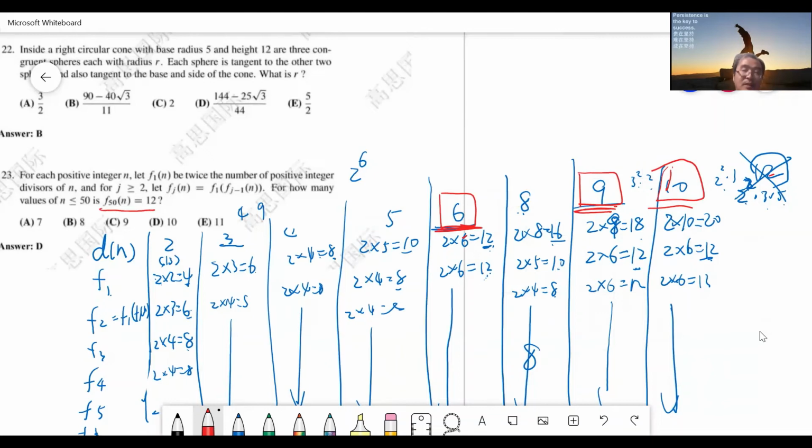So 6 factors. If a number has 6 factors, it must be of the form p to the power 5 or p squared times q. Let me clean the board first.